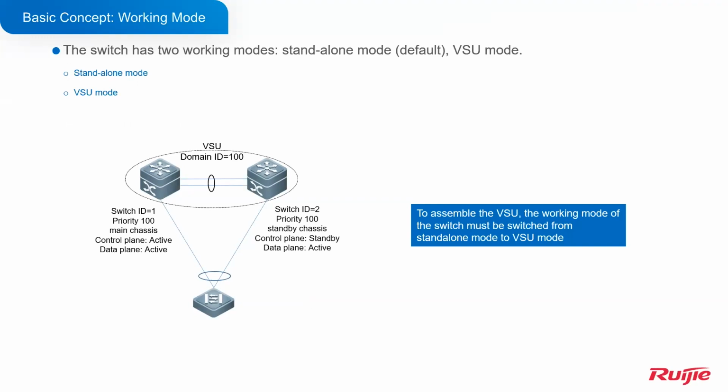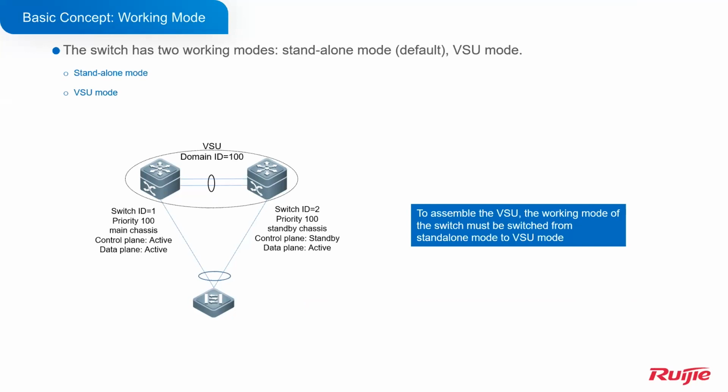And next step, maybe you deploy some other functions. This is standalone mode and this is the default mode. Later, if you add some configuration about the VSU, like configuring a switch ID, a domain ID, something like this, then you have to switch the mode to VSU.